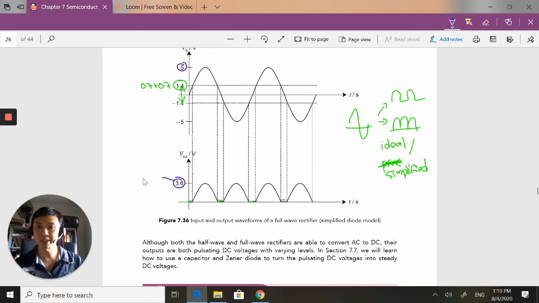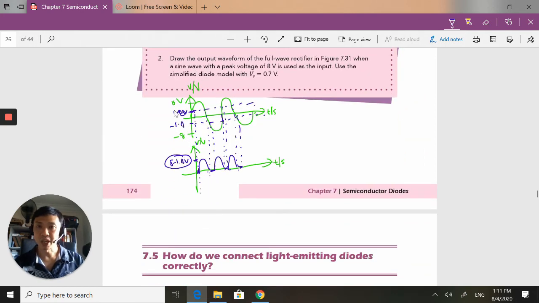This comes about because with 5 volts, I have to remove the first knee voltage and the second knee voltage. So this gives me 3.6 volts. Same thing, I will not end up with an output of 8 volts. It will be 6.6 volts here.